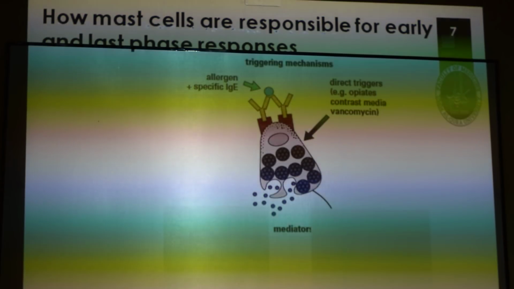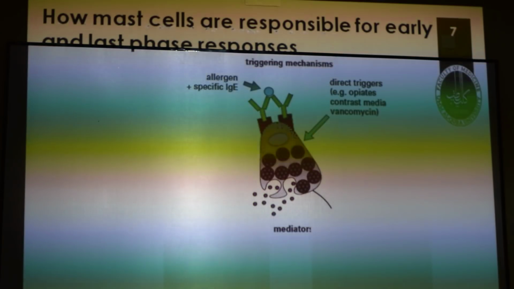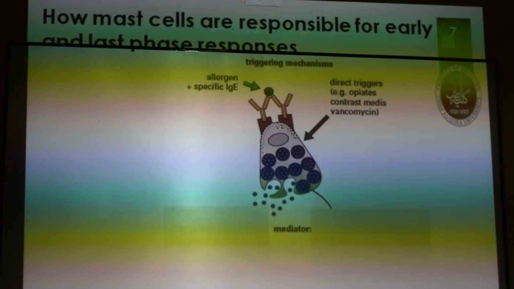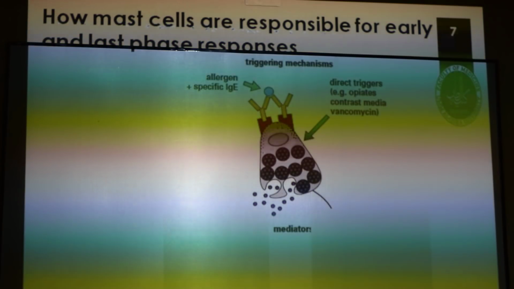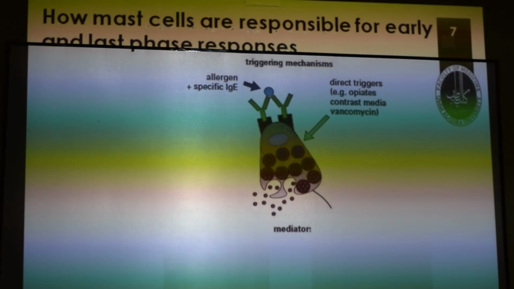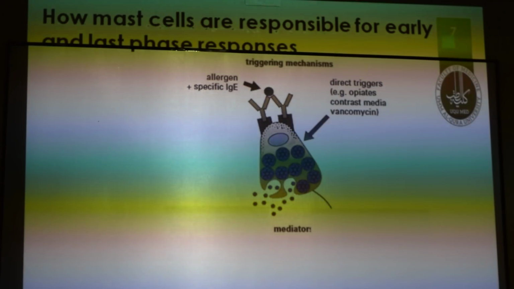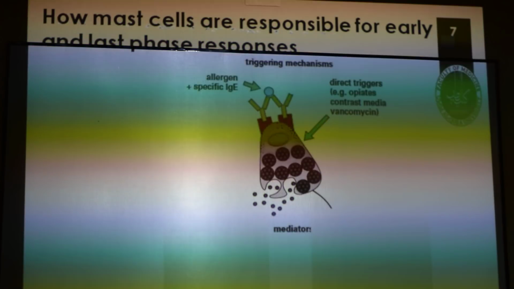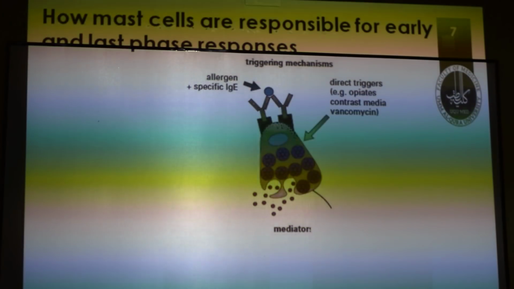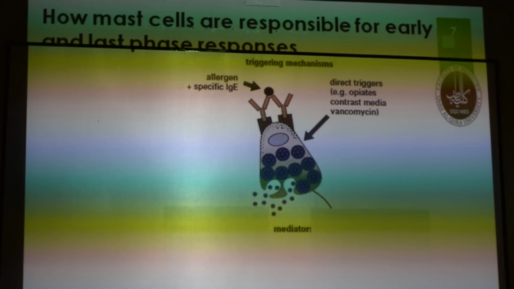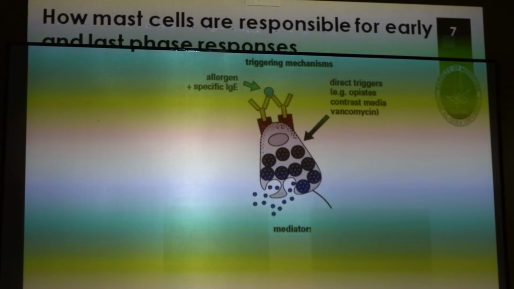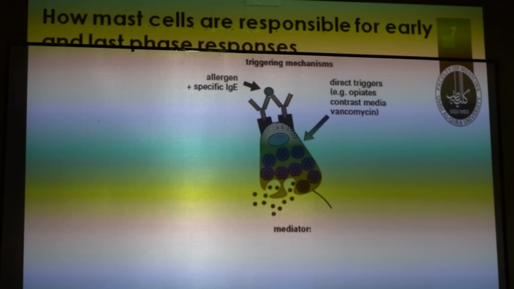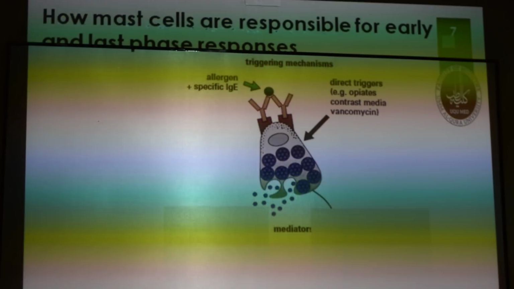In non-atopic groups, mast cells can degranulate without the need of IgE antibodies, without sensitization. And what can cause this? There are just a couple of examples. One is exercise. Some people get asthma attacks when they go for exercise. Some people, when they are exposed to cold air, will have an asthma attack. Then there are people, have you heard that contrast media is injected to do intravenous pyelograms?